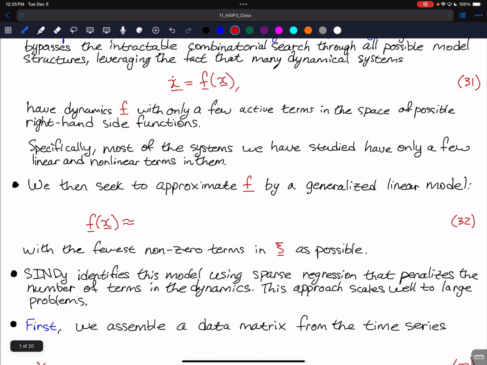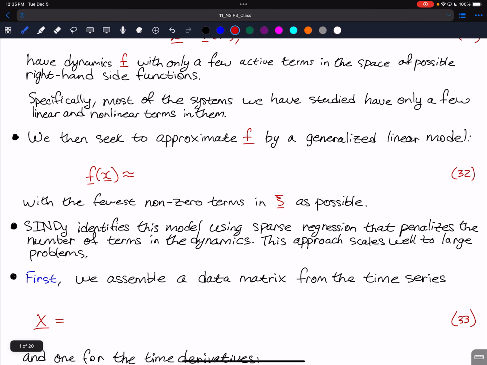Okay, so the idea then is that we seek to approximate the dynamics f using a generalized linear model, where we'll say that this is some summation starting from k equals 1 all the way up to some value p of a function theta sub k of x, multiplied by some vector of constants c sub k, which we can then write as capital Theta, which is now a matrix, still a function of x, multiplied by the vector c, where we would have as few non-zero terms in that vector c as possible, indicating that the c vector should be sparse.